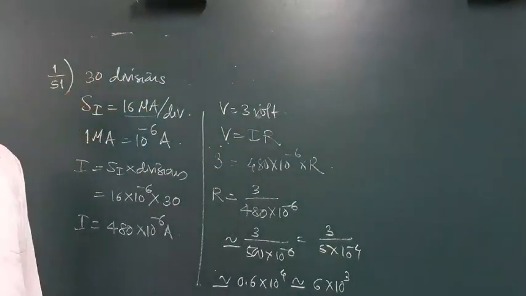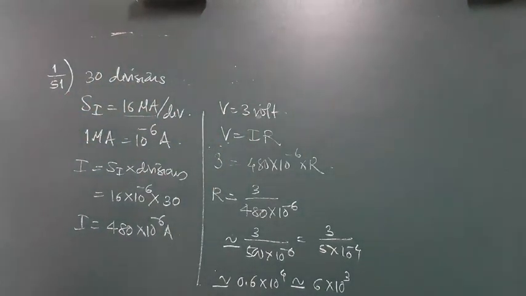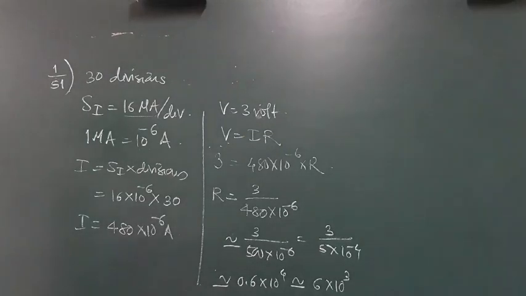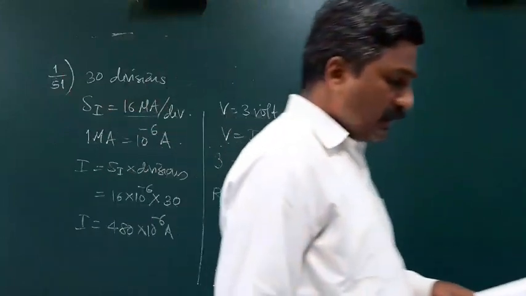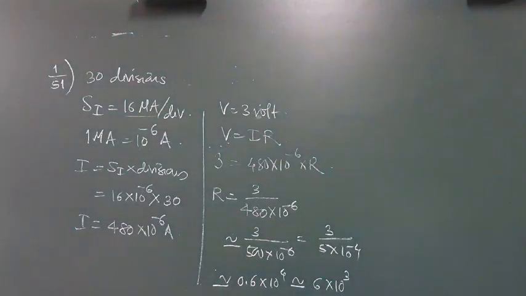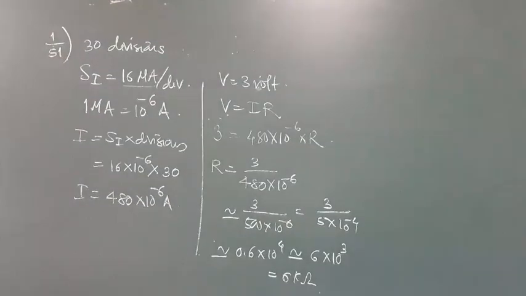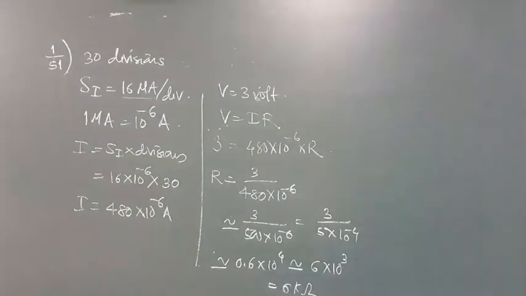That is the nearest value of the resistance. It should be 6 kilo ohm, and that resistance is in series combination with the galvanometer. Nearly 4 minutes are required for one example.